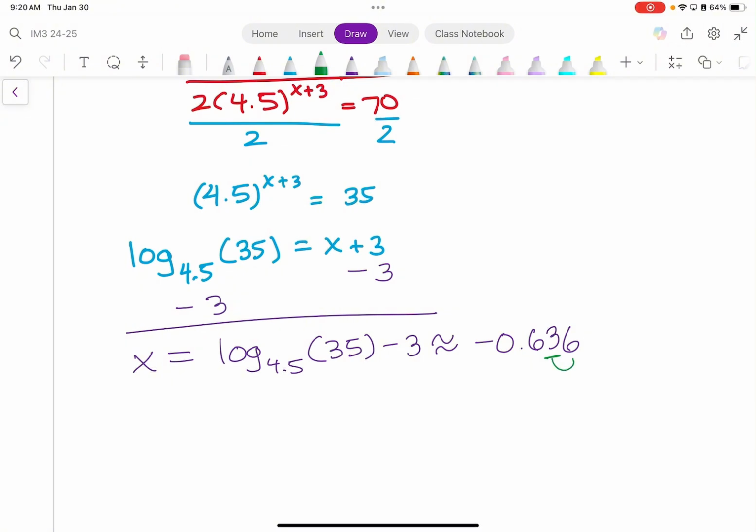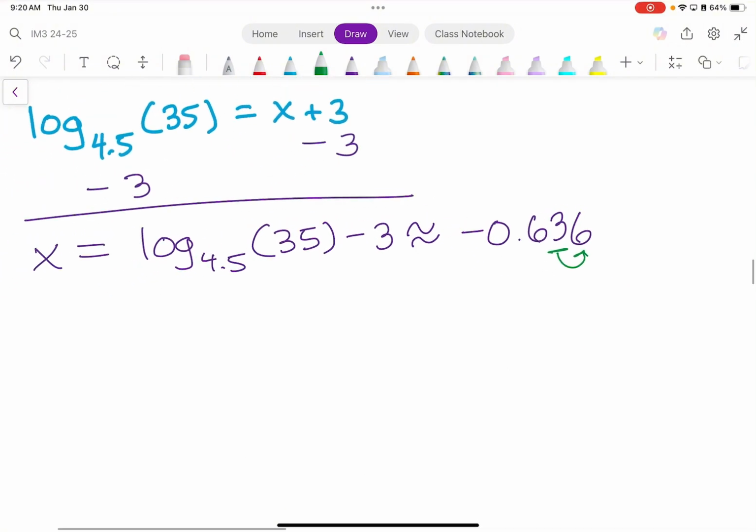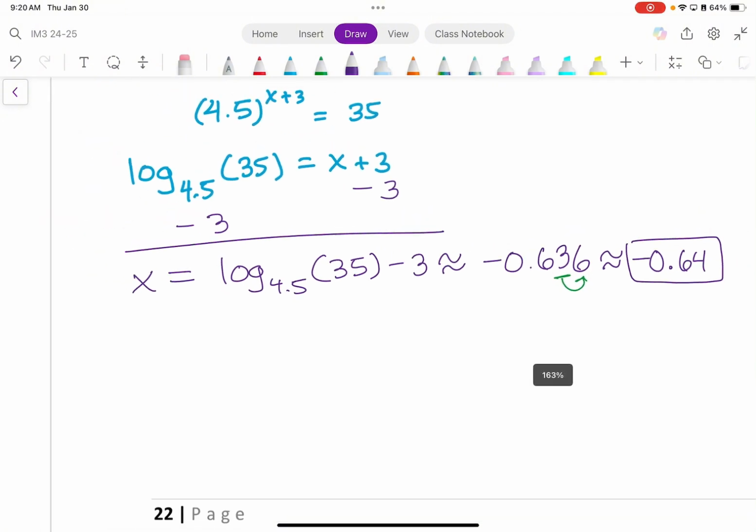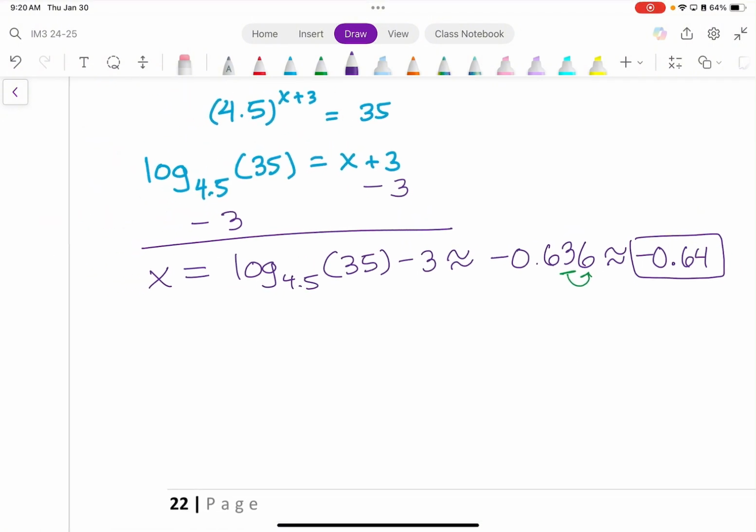Since we're rounding to the nearest hundredth, we look at the third digit, which is a 6. So this will get rounded up to the next number over. Negative 0.64 will be our approximate solution. Okay. All right, so this right here is exact. This right here is approximate.